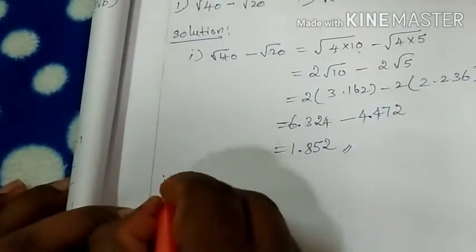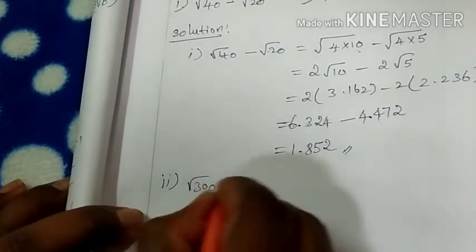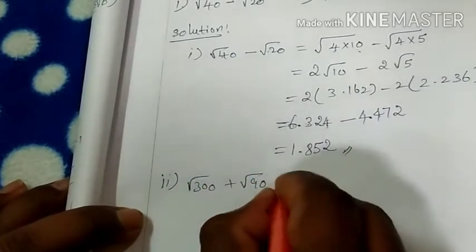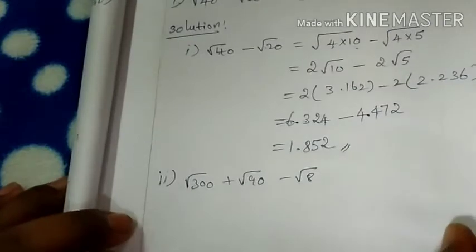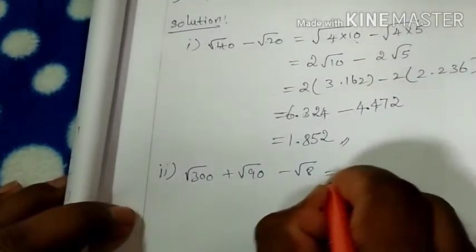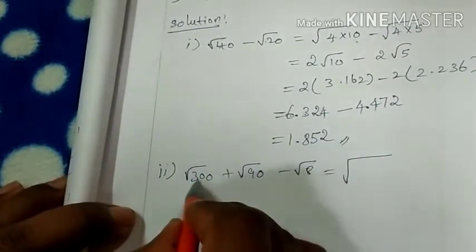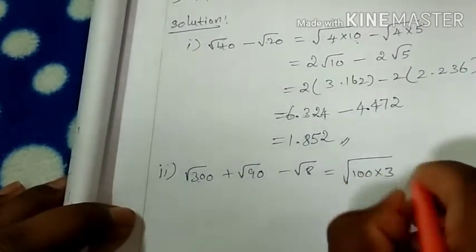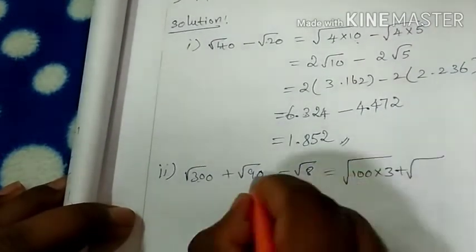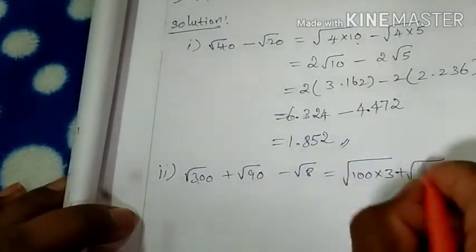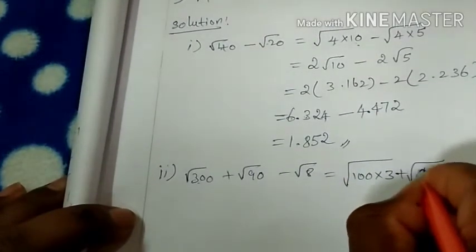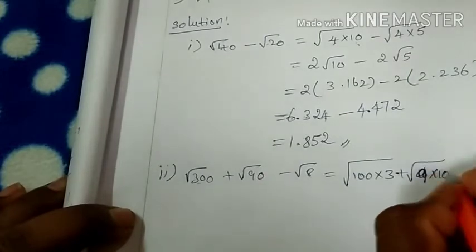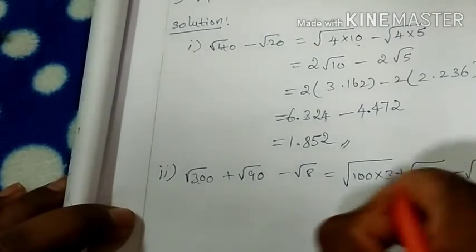Okay. The second sum is square root of 300 plus root of 90 minus root of 8. This can be written in the form of the square number. This is 100 into 3. 100 3s are 300, plus square root of 90. So 9 10s are 90. Minus this is for 8.